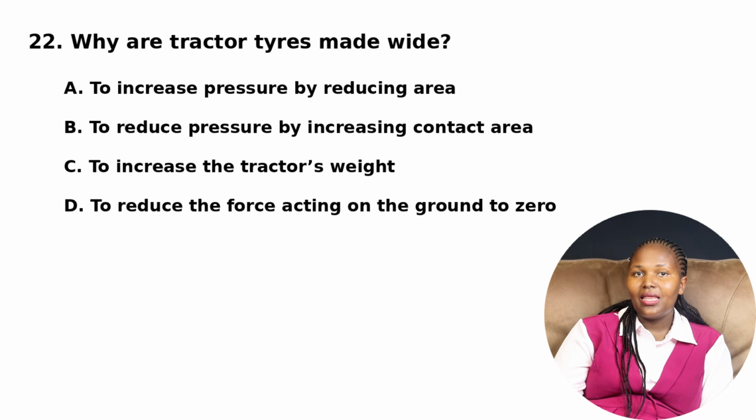There is nothing like that. The tire does not create additional weight to the tractor. And then D, to reduce the force acting on the ground to 0. Now remember that the force remains. It only spreads over a large area, but it is going to remain the same. So it is not going to reduce it to 0. Now the correct option there is B.